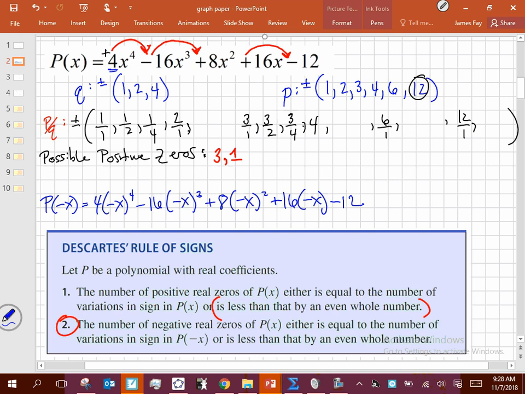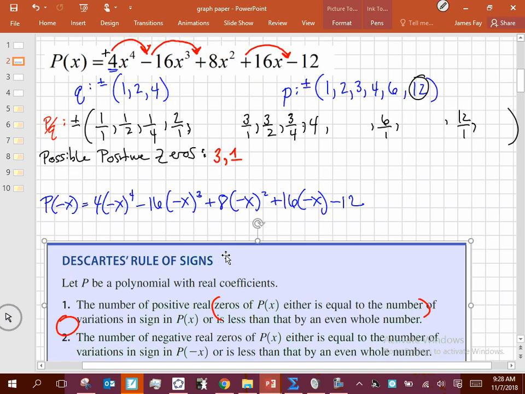We write that out, and now I evaluate it. I'm looking at the positive or negative values, because they're going to be multiplied together to give me a positive. So this is going to give me 4x to the 4th. This term will be negative x cubed, but times the negative 16 gives me a positive. Negative x squared is x squared, so it's a positive 8x squared. Negative 16x, and then negative 12. So that's P of negative x.